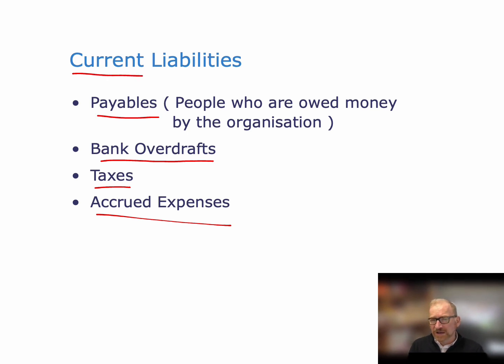So generally, again, less than 12 months. We expect to settle the liabilities that we see in here within 12 months. I guess another thing you can see in here is sometimes short-term debt. This is where some of the debt that we owe is due within the next 12 months, so it gets classified as a current liability.